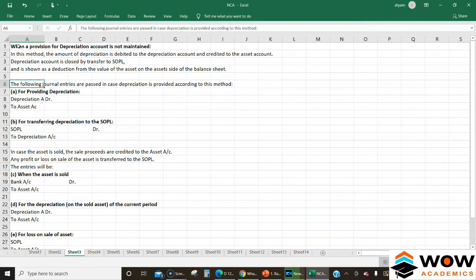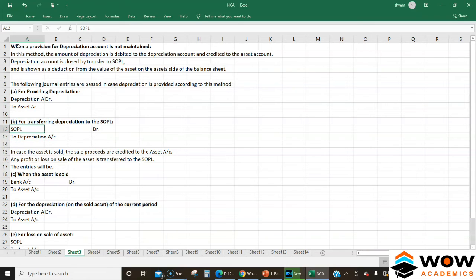The following journal entries are passed in case depreciation is provided according to this method. The first entry, if there's a depreciation in a year: depreciation is an expense, so increase it. Asset value, we have to decrease it. So depreciation to asset, that's the first entry. This depreciation has to be nullified every year, so we transfer the depreciation to the P&L account.